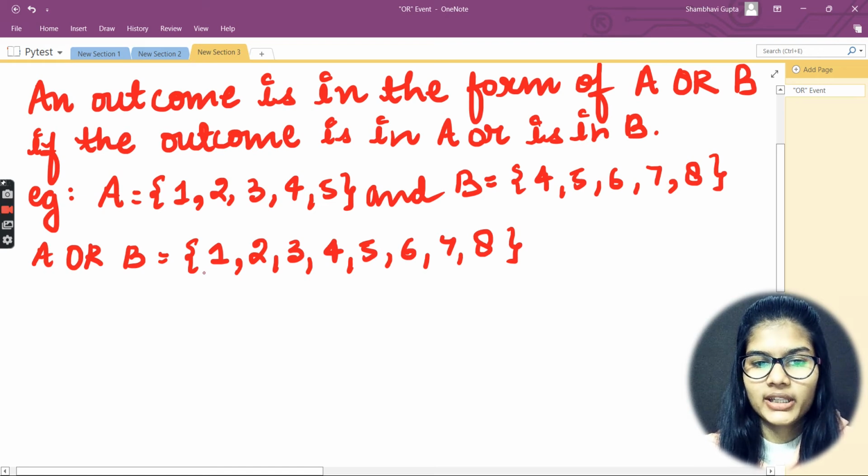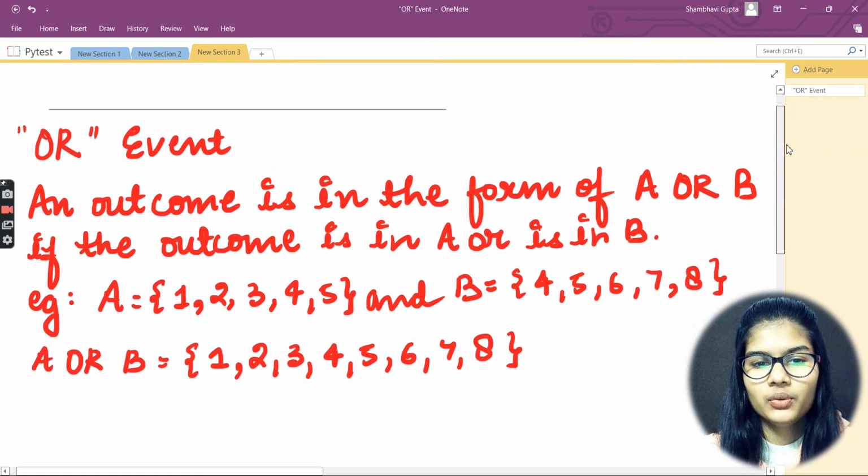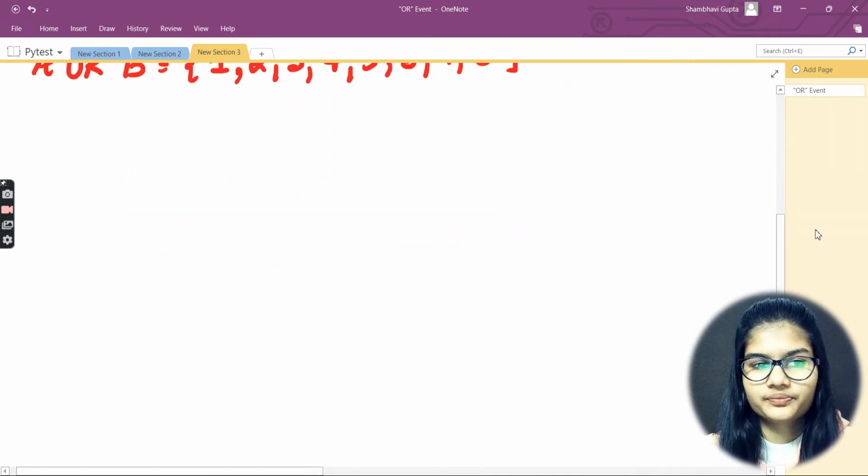If a number comes repeatedly, whether 2 times, 3 times, 4 times or 5 times, you write it only once. Hope I'm clear about this. If you write an outcome in the form of A or B, the outcome is in A or is in B. Hope this example of the OR event is clear.